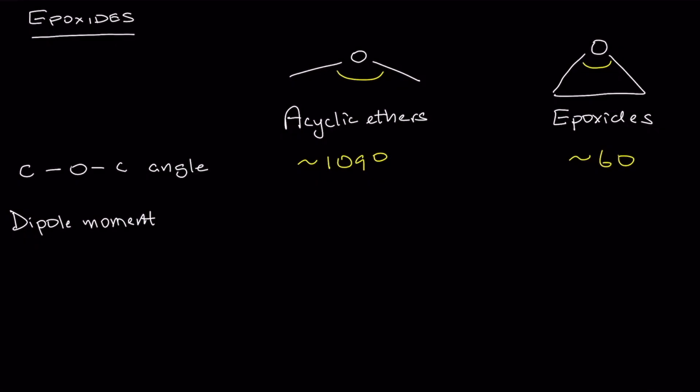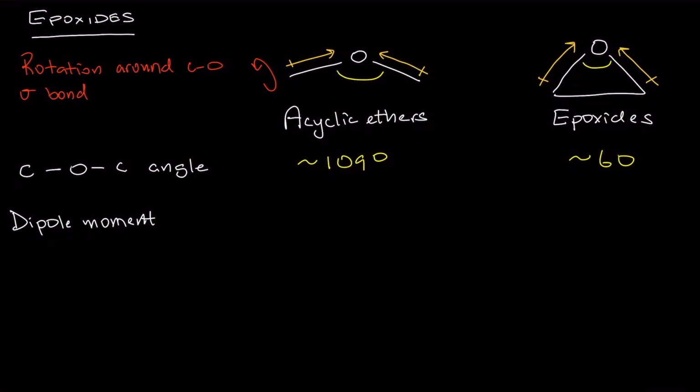We're going to focus on dipole moments first. So while both the epoxides and the acyclic ethers have the same kind of bond dipoles, where you have your carbon-oxygen bond dipoles, for the acyclic ethers, however, those CO bonds can rotate, and this rotation would reduce the overall molecular dipole, because in some conformations, these dipoles will start to cancel each other out.